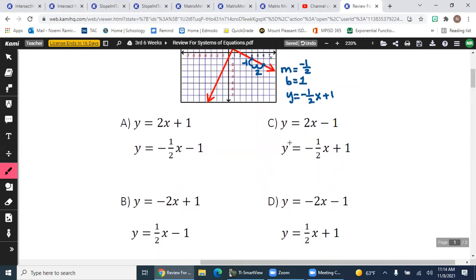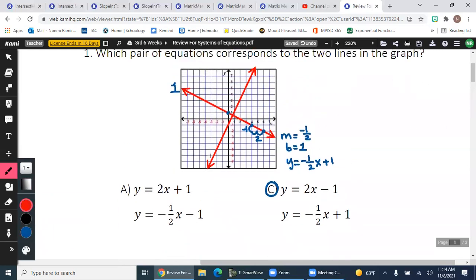And if you look at your four options, there's only one that has a negative 1/2 x plus 1, but we're still going to continue so we can double check our work. We're going to number this line 2 and put my m and b up here. Put it together and you get y equals slope intercept form. So b is the easiest point to find.